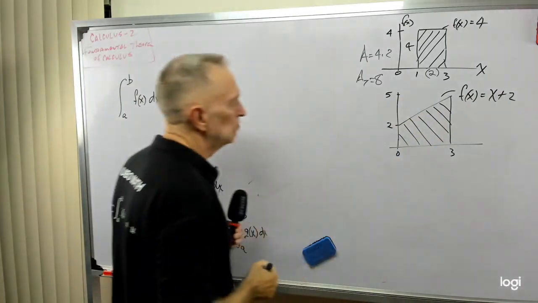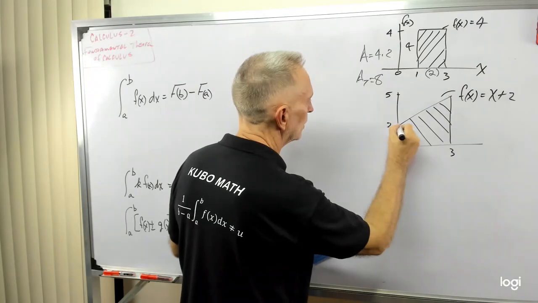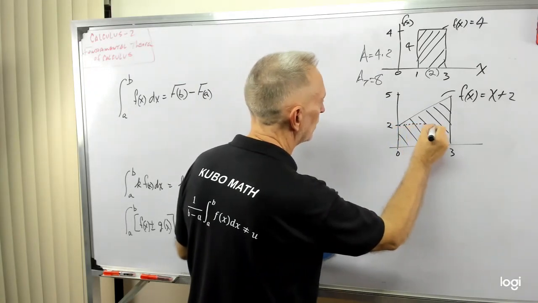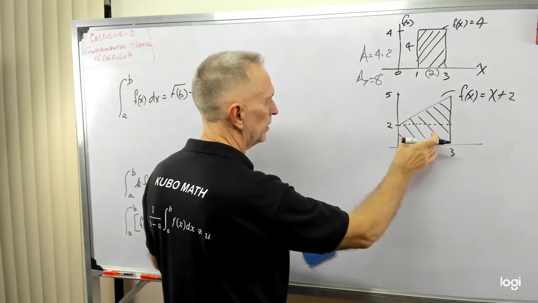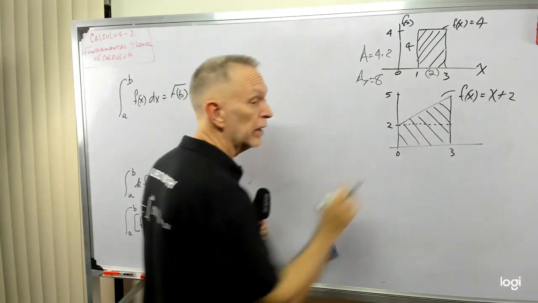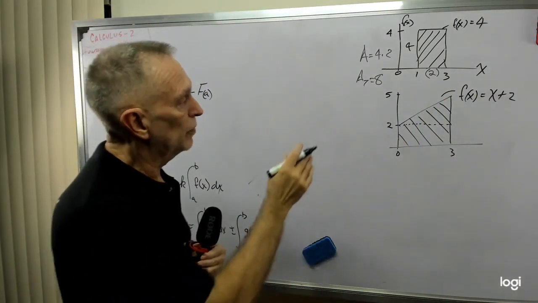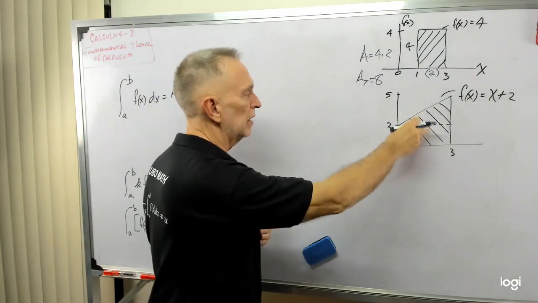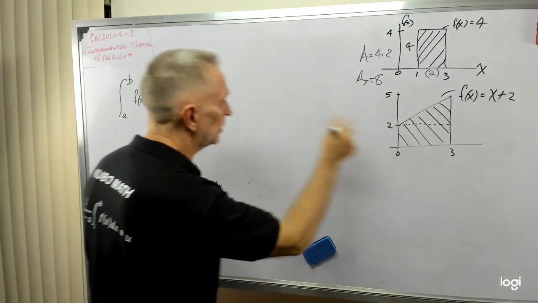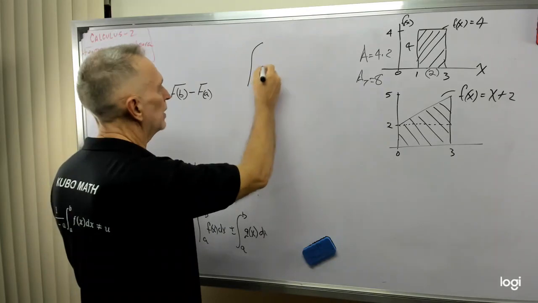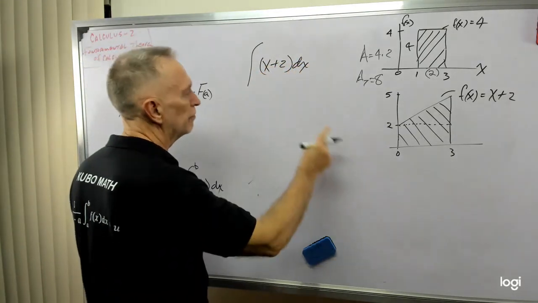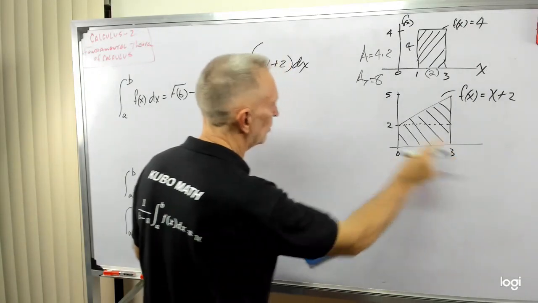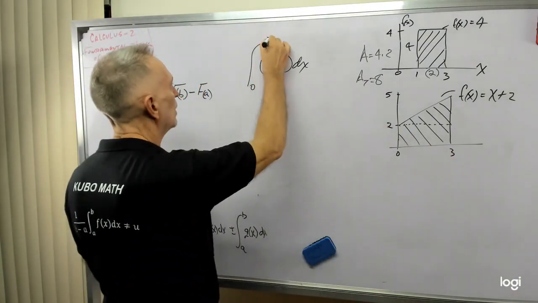So if we wanted to later, we could look at that rectangle's area and then the area of the triangle, and see if we get the same results by adding those together as we would by integrating x plus 2 dx from x equals 0 up to 3.